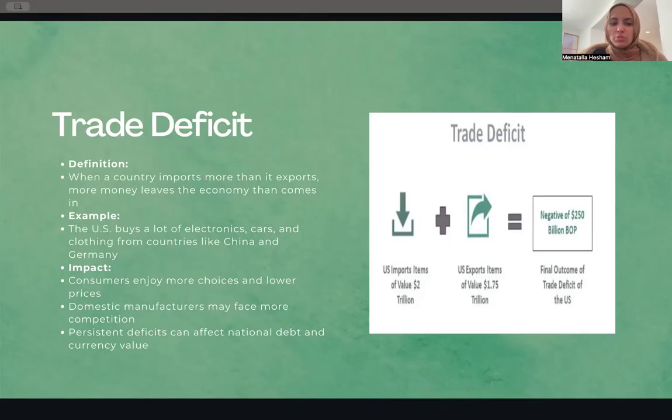While trade deficits can benefit consumers with cheaper goods and more variety, they can also put pressure on domestic industries and increase the national debt if they persist over time. Trade deficits are not inherently bad, but they require careful economic management.